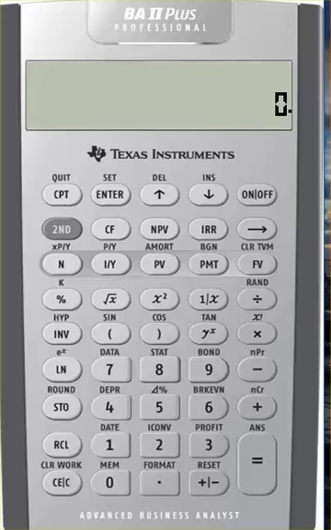From this standpoint, it's an annuity. It's not a lump sum. When we have an annuity and we're trying to determine the future value of that, we will put that annuity amount in the payment mode. Since we are dealing with monthly compounding, we will take that $2,400 and divide it by 12.